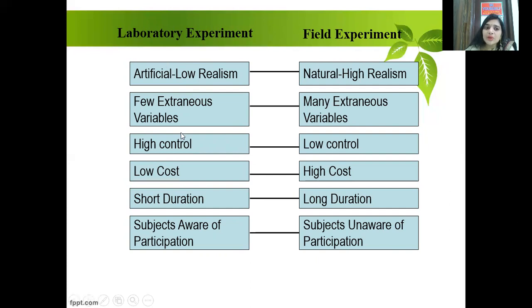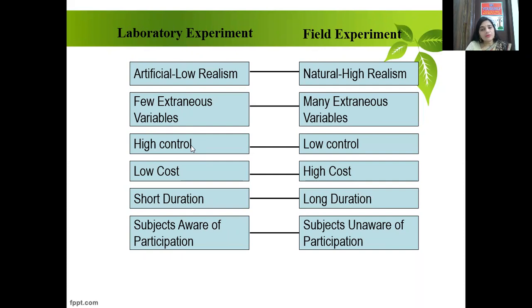When it comes to laboratory experiments, few extraneous variables are there. But when it comes to field experiment, many extraneous variables are there, and controlling them is very important. In laboratory experiments, because we are posing an artificial experiment, extraneous variables are very few.